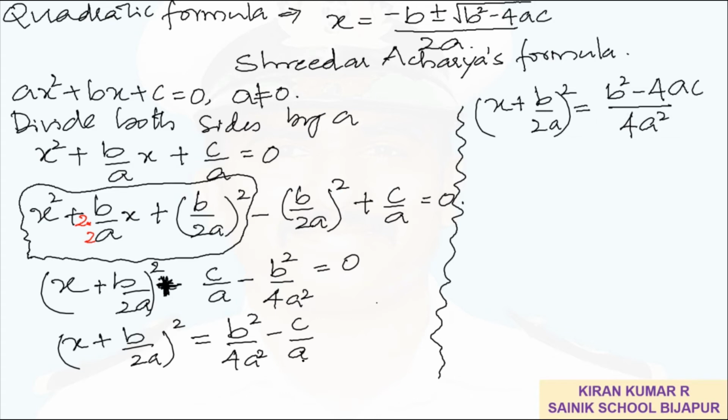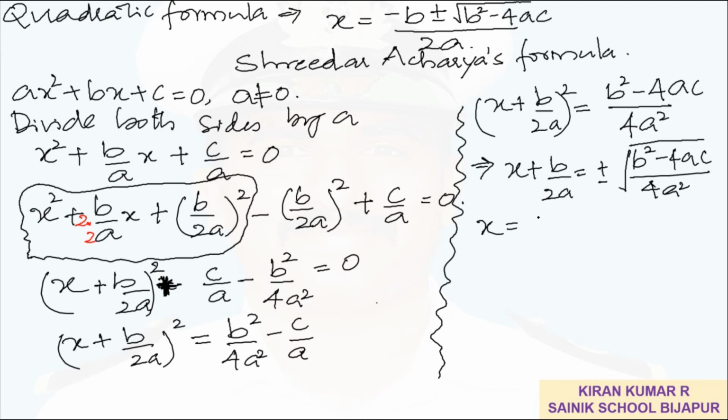Here a is already there, so on dividing by 4a square, 4a will remain multiplied to c. Take the square root on both sides, we will get x plus b by 2a equal to plus or minus root of b square minus 4ac divided by 4a square.